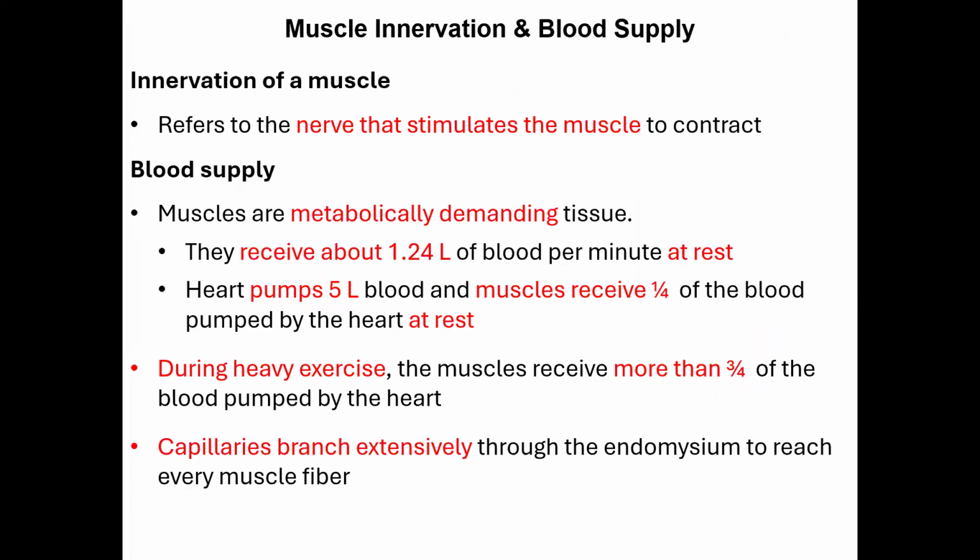Okay, now two more words. Innervation. What do you mean by innervation? What is muscle innervation? Correct. Well, it is contracting, but innervation simply means the nerve supply. It refers to the nerve that stimulates the muscle.